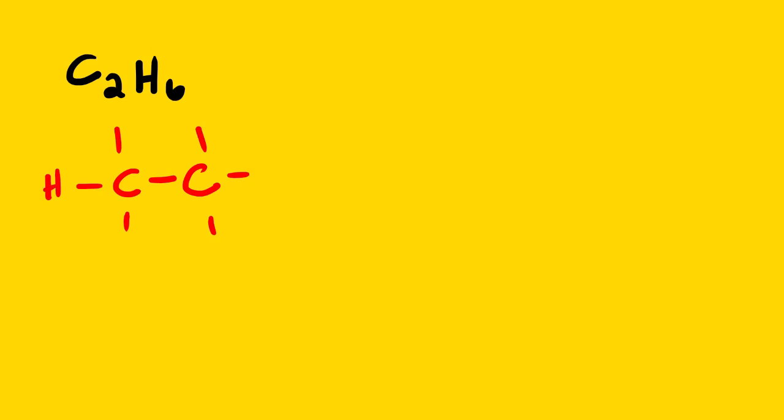Let us start with our first example. C2H6 means that we have a compound that has 2 carbons and 6 hydrogen atoms. If we were to represent this using a Lewis dot diagram or Lewis structure, we would draw it like this. Then we are going to have our terminal atoms as hydrogen. So this would be the Lewis diagram of this compound.